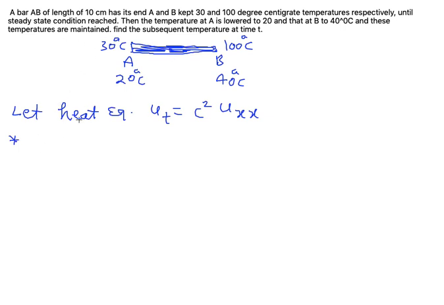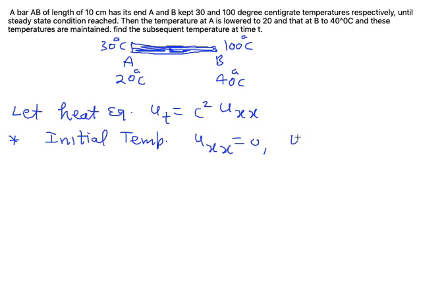The initial temperature distribution is given by the following, because the system is reaching the steady state, and before the steady state the temperature was these: u_xx equal to 0, with the condition that the temperature at end A is 30 and at B is 100.